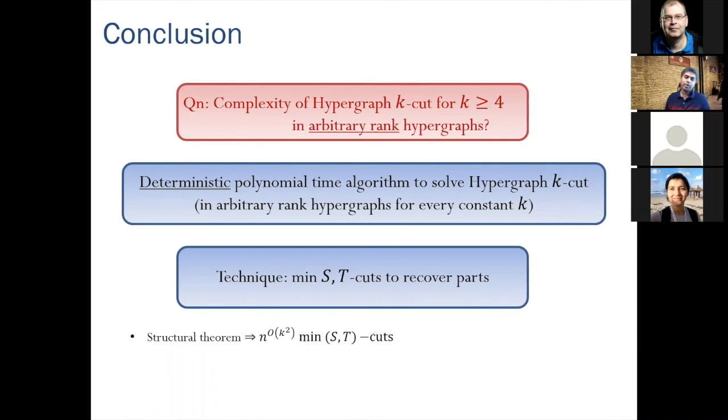The runtime of our algorithm with tie-breaking rules is n to the order k squared min ST cut computations. We also give a better structural theorem which leads to a faster algorithm. The runtime of the resulting algorithm is n to the 8k min ST cut computations.